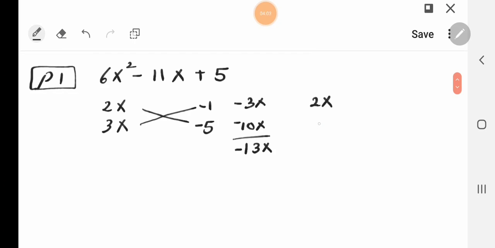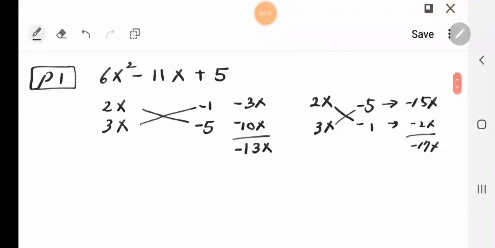So 2x, 3x, and 5 times 1, both negative so that the product is positive. Then this cross multiply will be negative 15x, and this product will be negative 2x. The sum is negative 17x, which is also different from the second term. So this is not working.